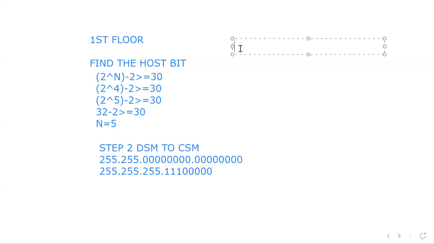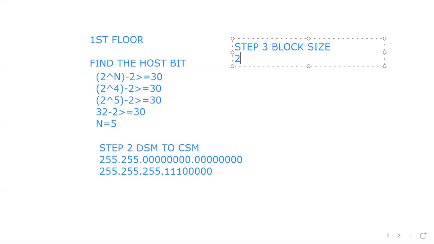Okay. Then step 3, block size. 2 to the power n. 2 to the power 5 is 32.